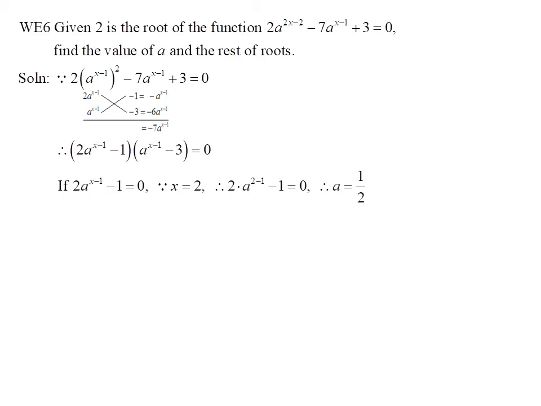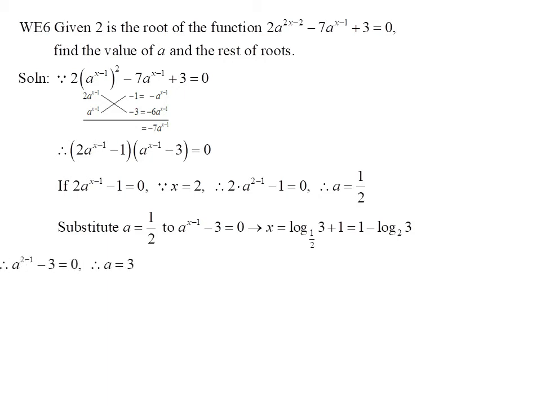When 2 times a to the power of x minus 1 minus 1 equals 0, based on x equals 2, we obtain the result of a, which equals 1 over 2. After substituting the obtained value of a, 1 over 2, into the equation a to the power of x minus 1 minus 3 equals 0, the value of x is obtained, which equals 1 minus logarithm base 2 of 3.